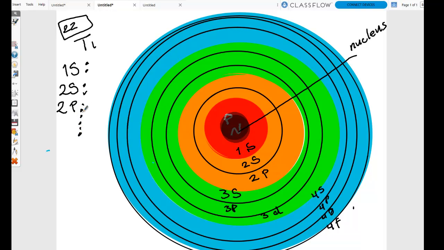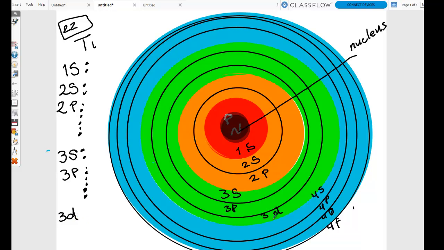1, 2, 3, 4, 5, 6. 3s will take 2 electrons, 3p will take 6 electrons, and 3d will take whatever is left.